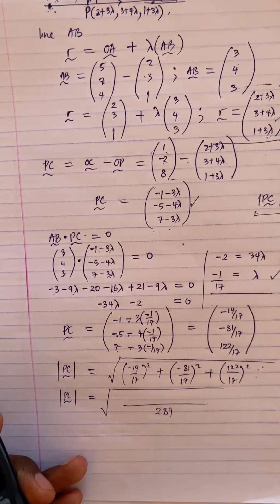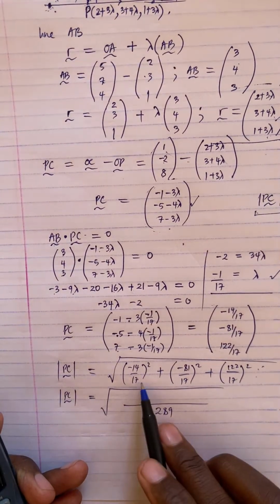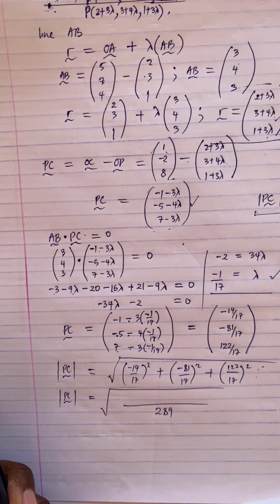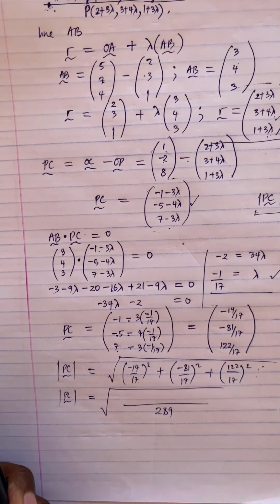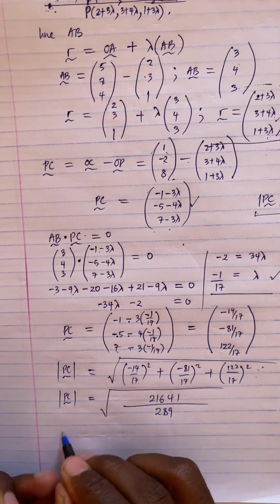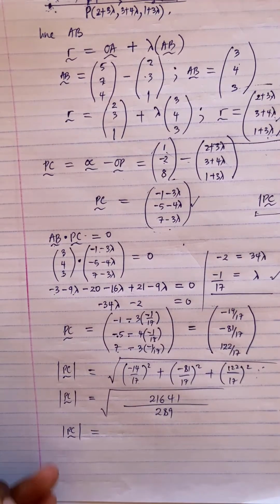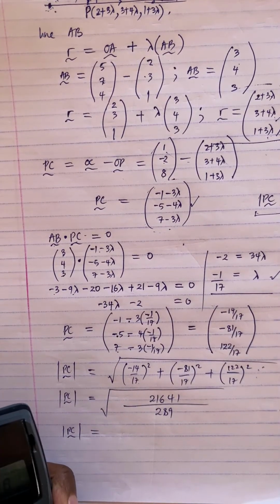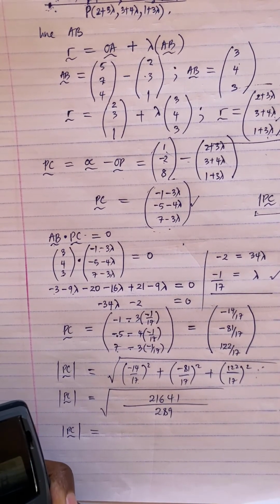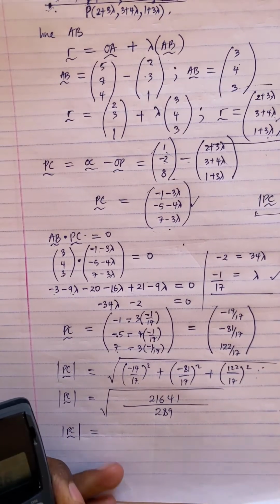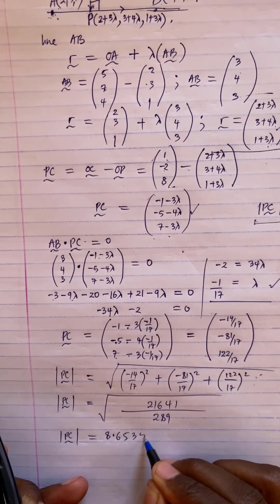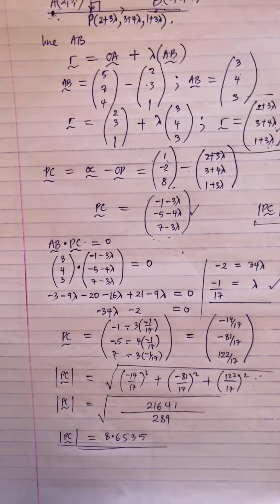Since they are all over the same denominator and this is addition, I just need to simplify this: 14 squared plus 81 squared plus 122 squared, which gives me 21,641. So finally, when I punch this in my calculator, it will give me 8.6535. This is the distance.